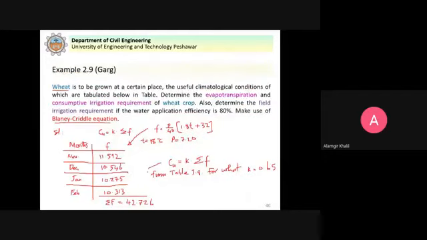Now we can put the values here and we can calculate Cu, the consumptive use or evapotranspiration. That will be equal to 0.65 into 42.726.